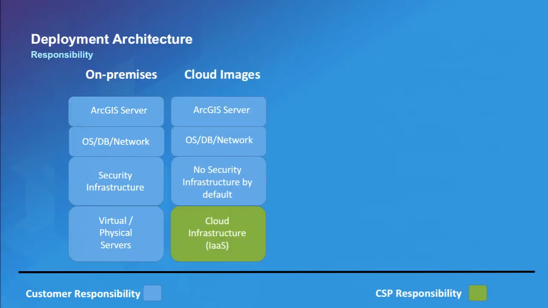When you get to a cloud image, let's say in Amazon, we give you the AMI. Amazon takes care of managing the hypervisor and the data center for you, but you are responsible for the security of that instance, including the configuration and ongoing management of the operating system, database, network infrastructure, and our product.